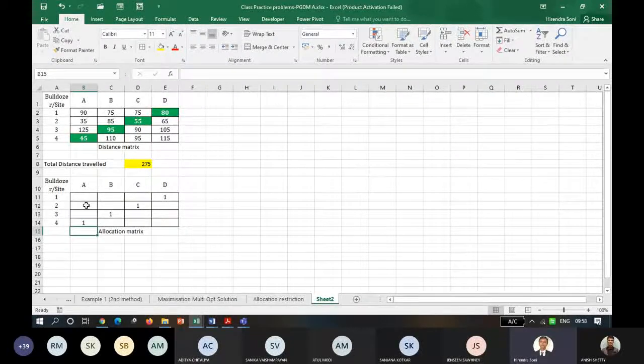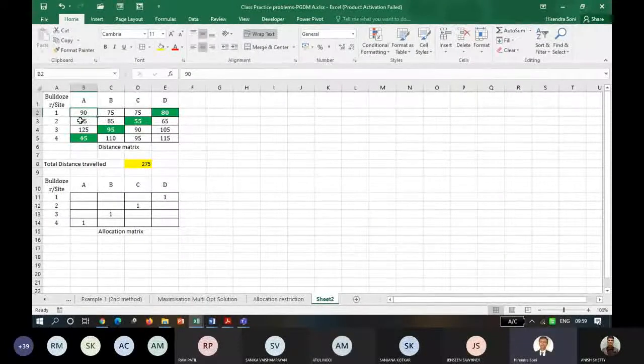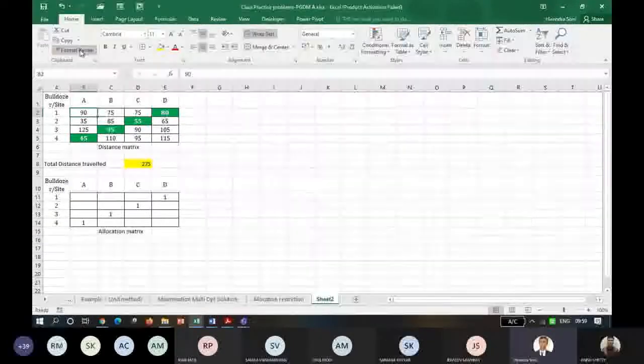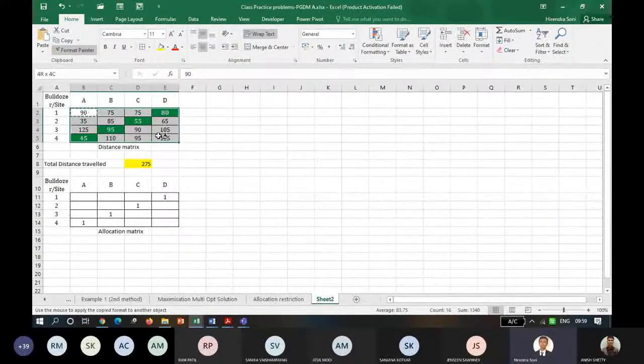Sir, could you please repeat that format painter, how you do that? Okay, is the SUMPRODUCT okay? Yes, sir. In format painter, this was the cell where we put that formula for conditional formatting, correct? So I kept this one selected. I just clicked on format painter and then applied that format all across to all the cells.